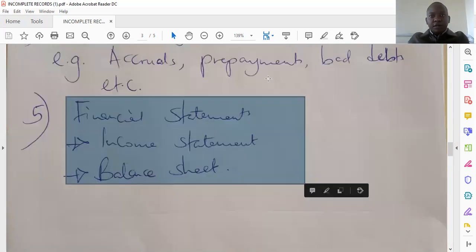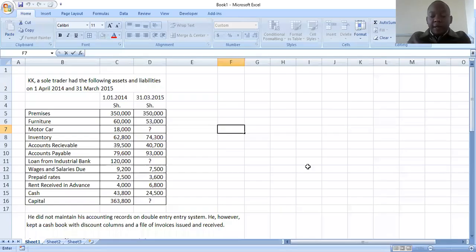Now let us do an example, an illustration on how to reconstruct the records that are incomplete, either from records or from a single entry system of accounting, into the double entry system of accounting in order for us to prepare the final accounts.